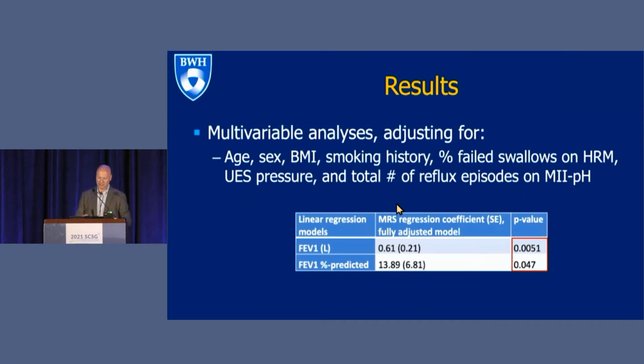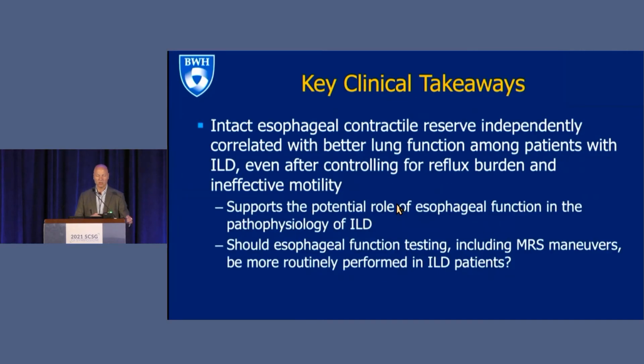Now, when they looked at this and they modeled this in a multivariate regression, they still saw that this kind of held true. So once again, we do know there are a lot of other factors that could affect this in terms of BMI, smoking history, and baseline assessment of primary motor function, meaning looking at primary peristalsis, and they still showed that this particular relationship was significant.